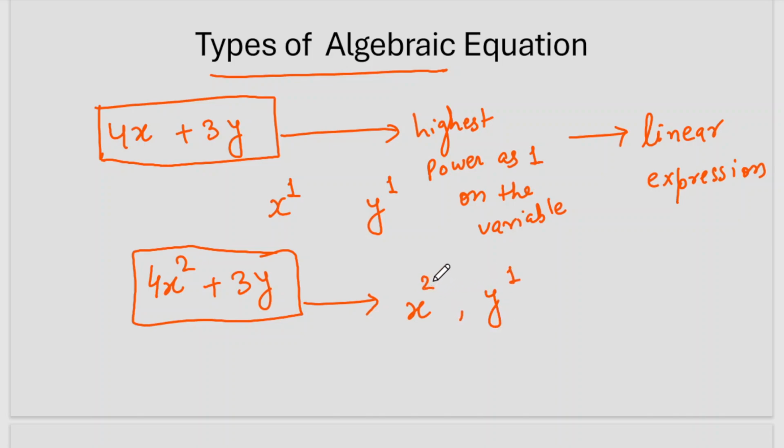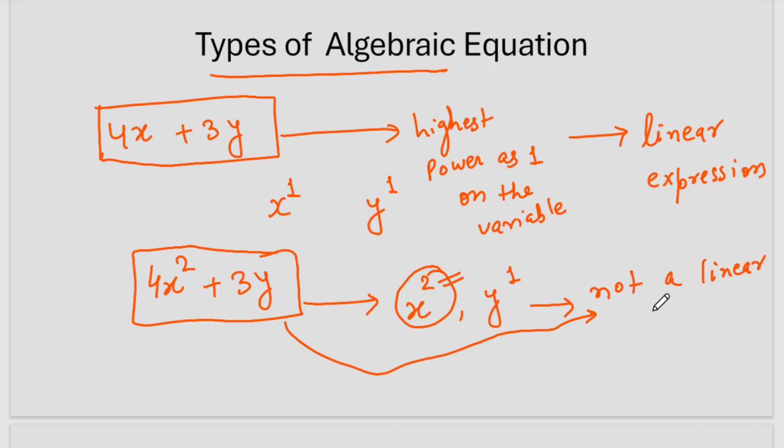We will consider the highest power. The highest power is 2. So it is not a linear expression. So in a linear expression, the highest power on the variable should be 1.